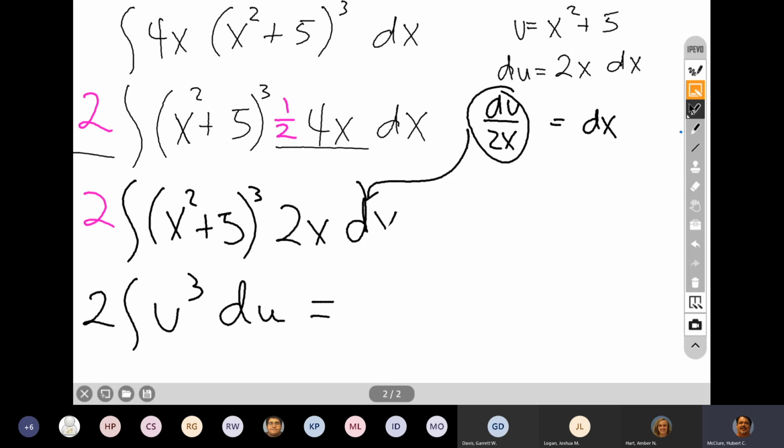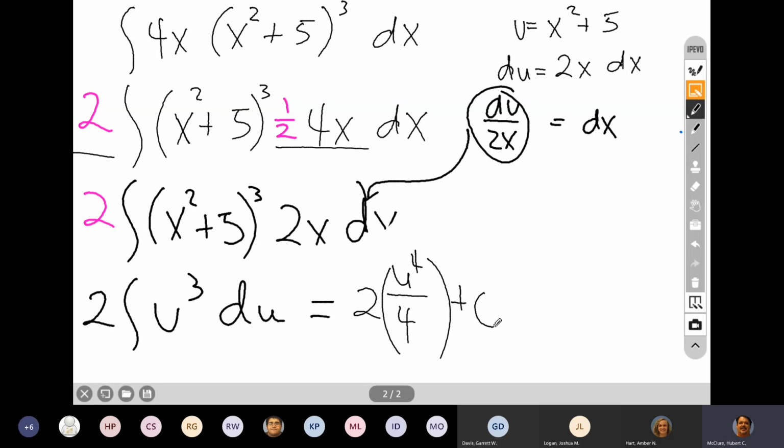I don't know if my arm gets in the way or what. Let me try to move to the side. 2 times, parentheses, u to the fourth over 4 plus c.